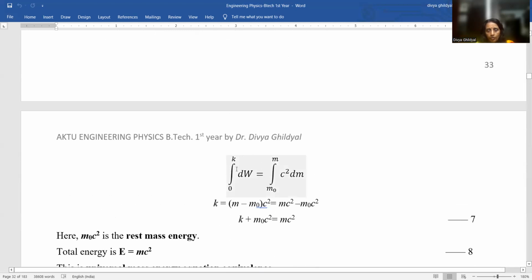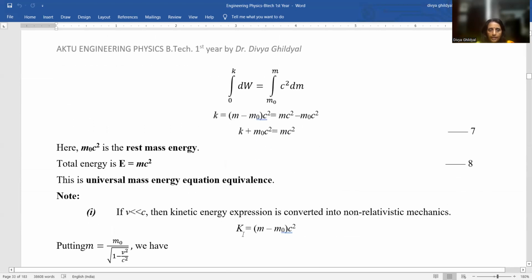And you can integrate it to find an expression for kinetic energy, which is equal to m minus m naught whole into c square, and m naught c square is the rest mass energy. So this is the universal mass energy equivalence.